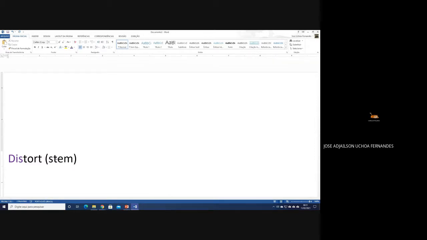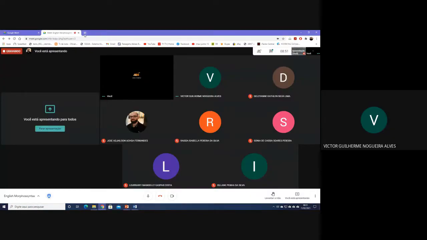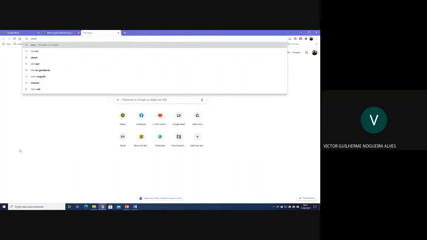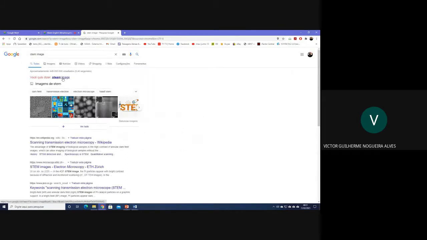Pensa na árvore. O que é o stem? You have the roots and you have the stems. What is a stem? Let's go to Google Images. No, not stem.